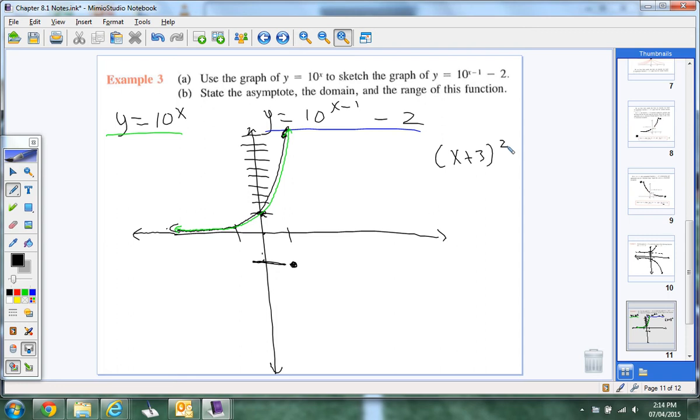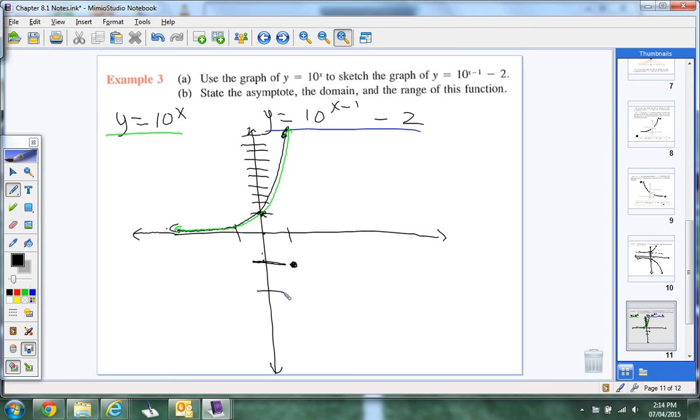Negative 3 for this one? Or this one? Let's just test some points. So we're at 1, that's where this is at. At 2, 2 minus 1 is 1. Right, so it'd be at negative 2.